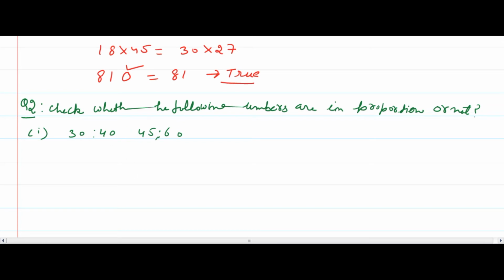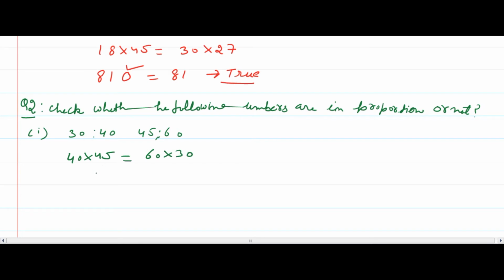So for that we will put a blank here and let product of means 40 multiplied by 45 equal to product of extremes 60 multiplied by 30.